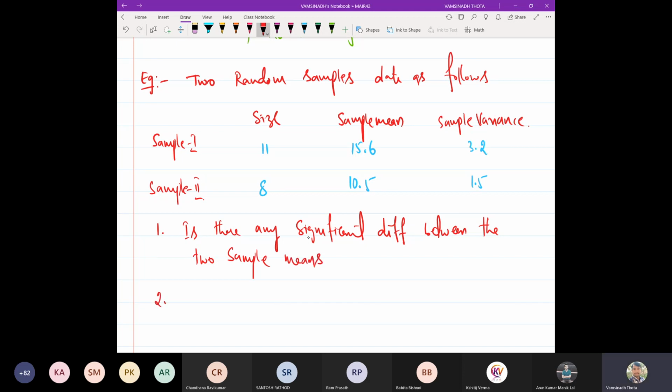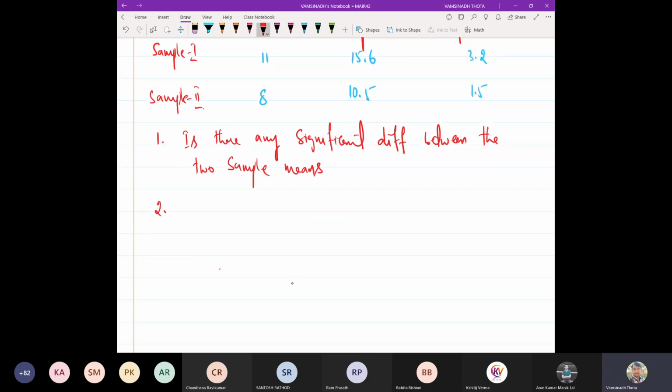And the second one is, do the estimates of population variances differ significantly?